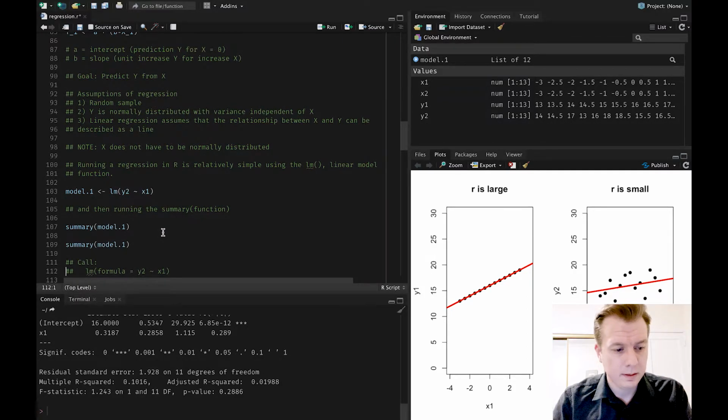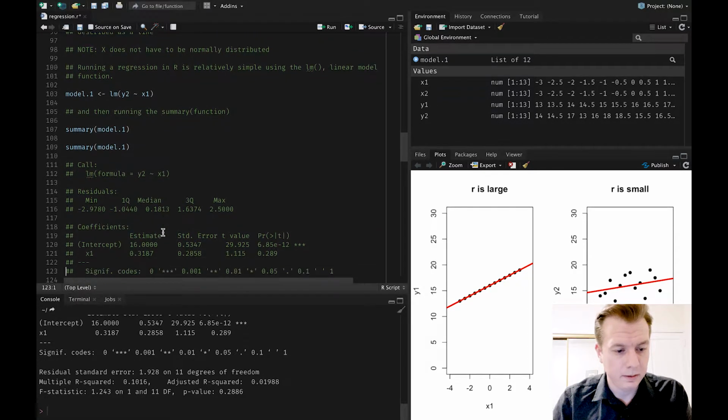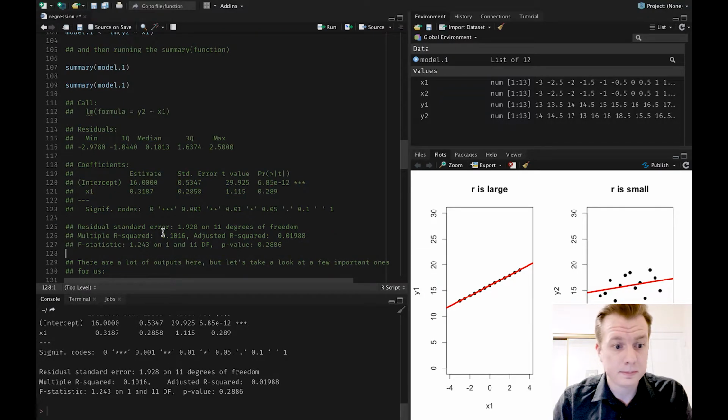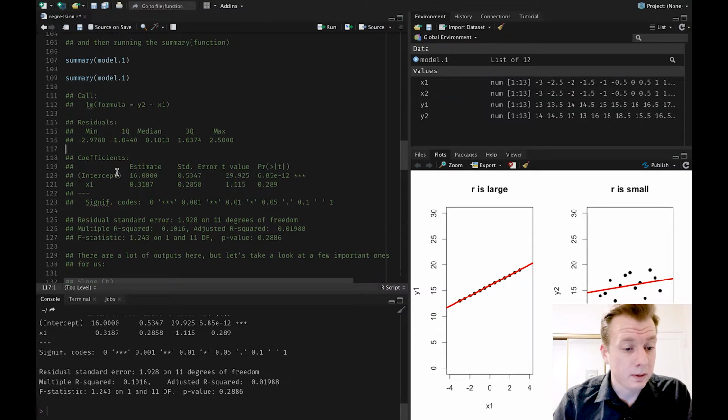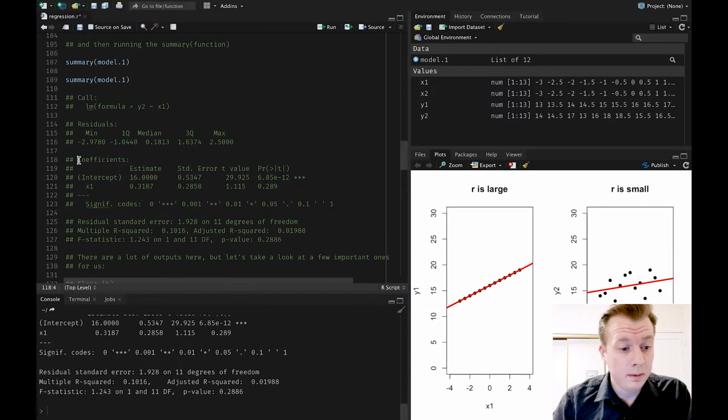If we take a look, and I pasted it here in the script, we have call LM formula equals y2 given x1. Okay, that's correct. We are given some information of our error, or our residuals. The residuals is the distance between a given point and the line of best fit. We don't need to worry about those for right now, but we are interested in our coefficients.